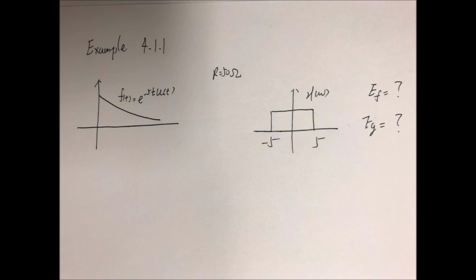For the system, we know the frequency response because this is a low pass filter, right? From -5 to 5. So my system is an ideal low pass filter. Cutoff frequency or bandwidth is 5 radians per second. The amplitude or the gain of this filter is 1.